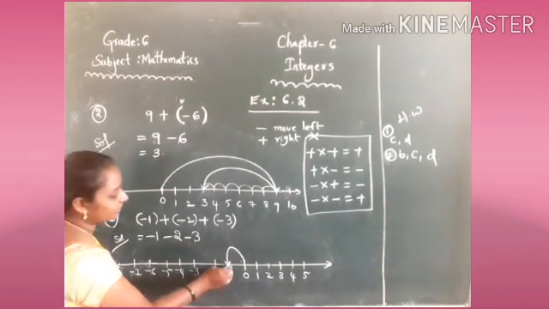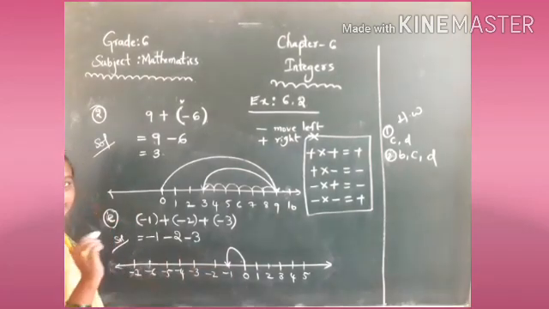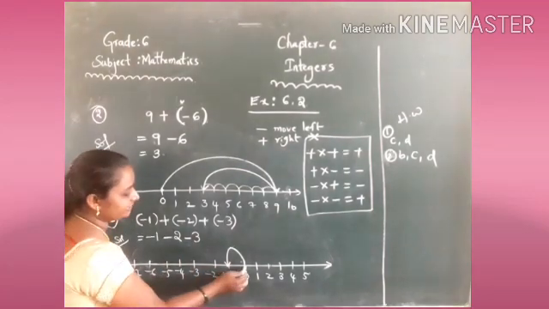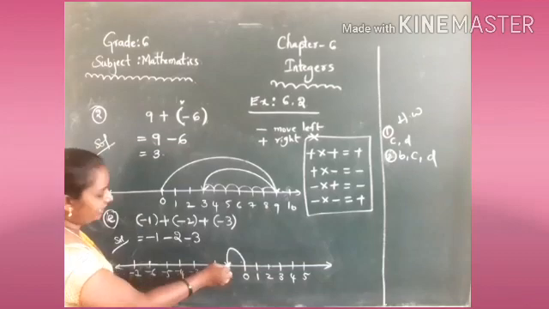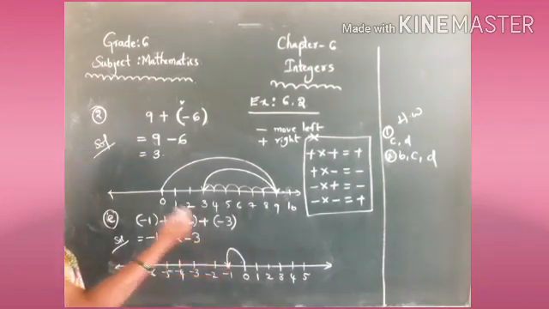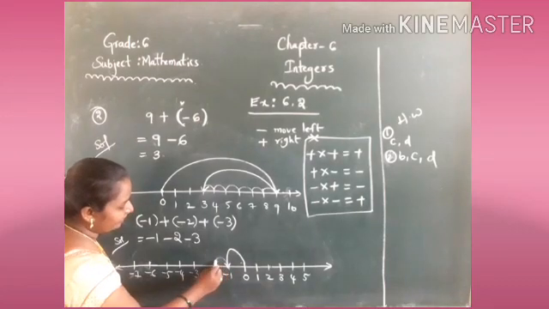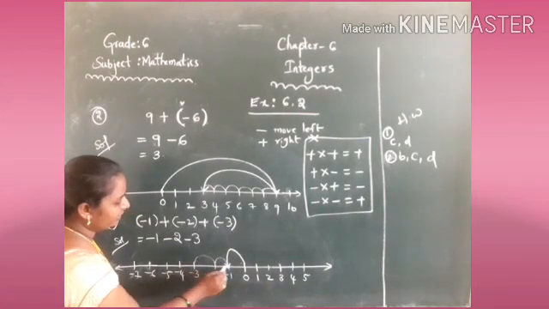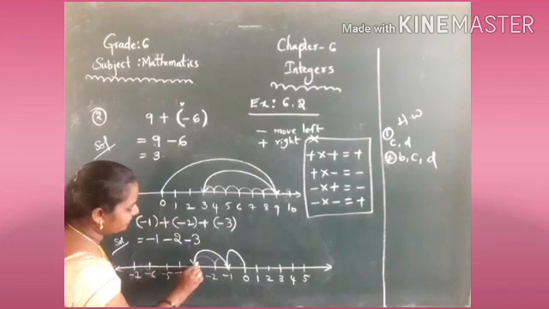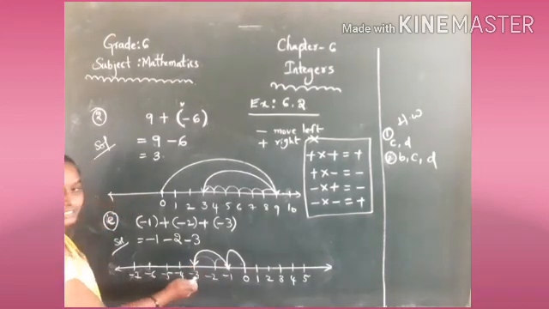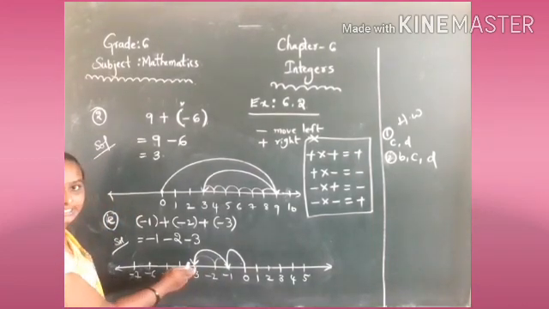Now you have to move from minus 1. Already you reached from 0 to minus 1. Again from minus 1, 2 steps to the left: 1, 2. So you reach minus 3.